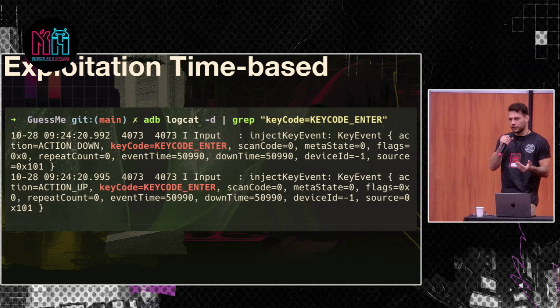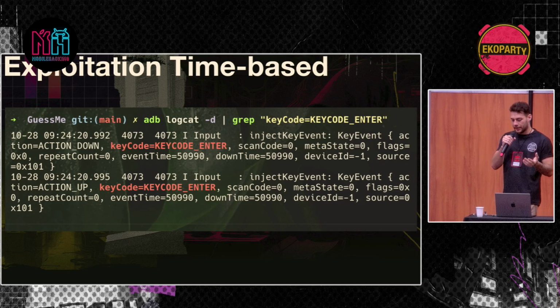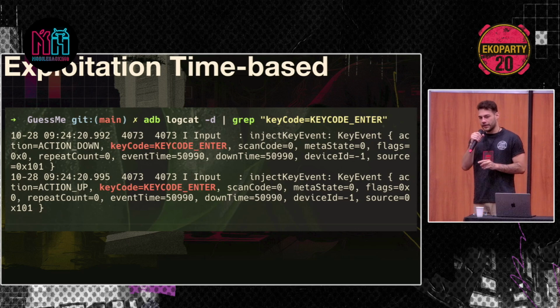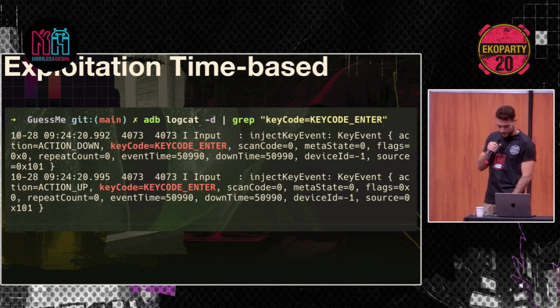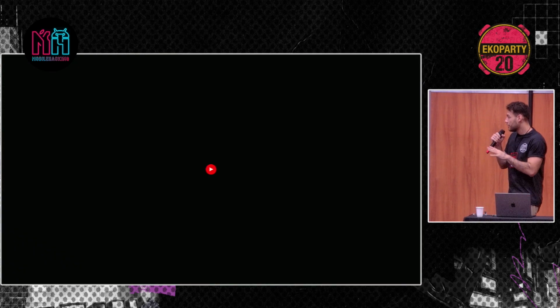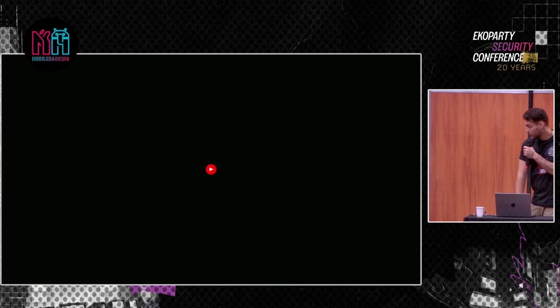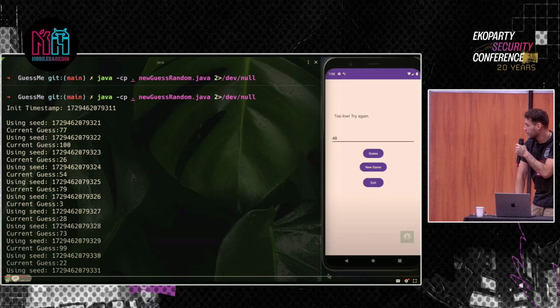And of course, sometimes we will have the exact timestamp for this application, but have in mind, we have only 10 tries for guessing. This is another video, because I'm not crazy to do it live. So I bring it here just to show you this exploit working, or at least kind of.